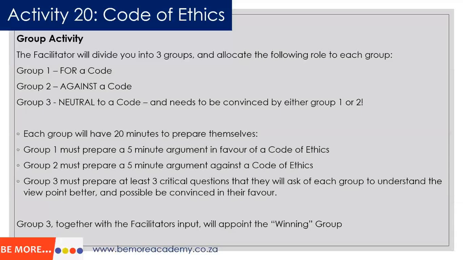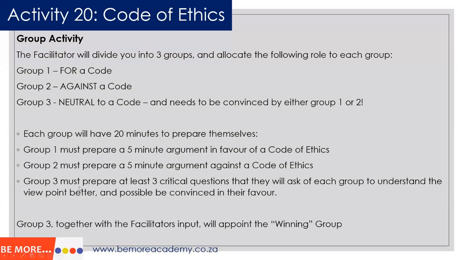Okay, so all right. Each person in the group will have 20 minutes to prepare themselves, but that is in your own groups. And then you must prepare a 5-minute argument in favor of a code of ethics and an argument against a code of ethics.